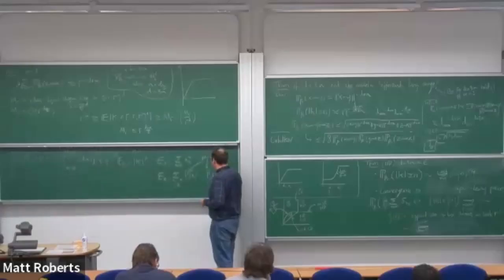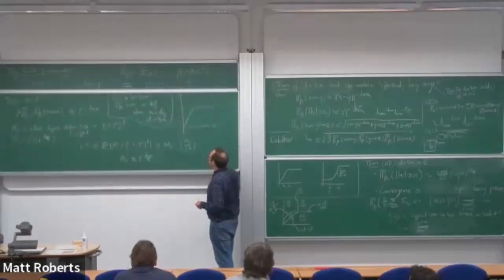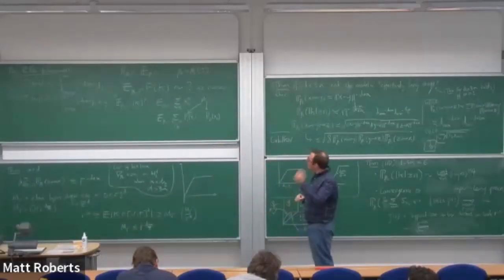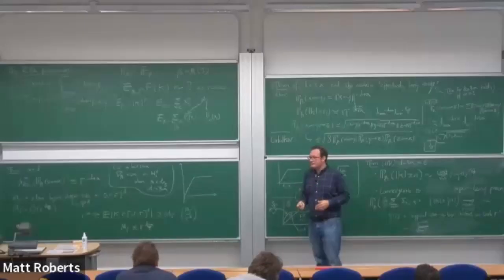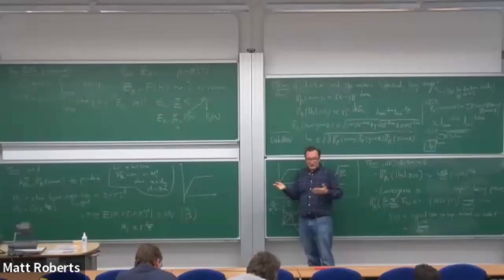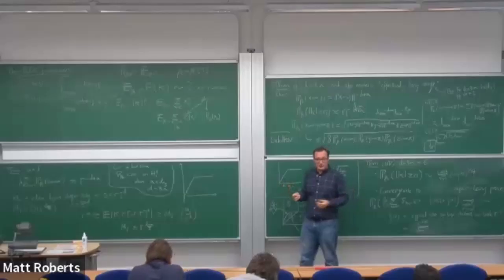Anyway, good. Hopefully it's at least plausible that we can approach the problem in this way. We can just try to understand lots of moments as a function of this cutoff parameter.